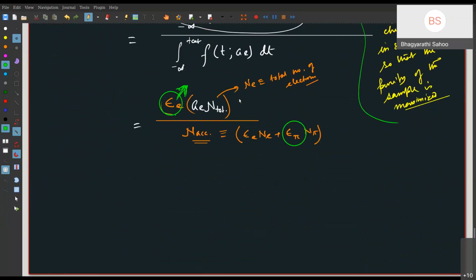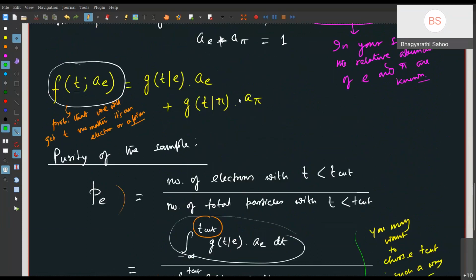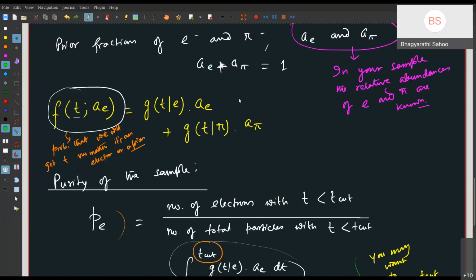Sir, one more point. While you are defining f of t, f a e, you are saying this is the probability of finding t, no matter what. But you are looking at the probability of electron, you are writing a of e. Is it just because you are interested in finding electron, or should it be both a and a pi?